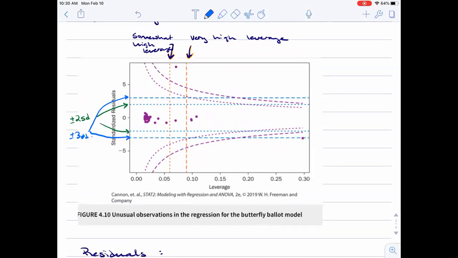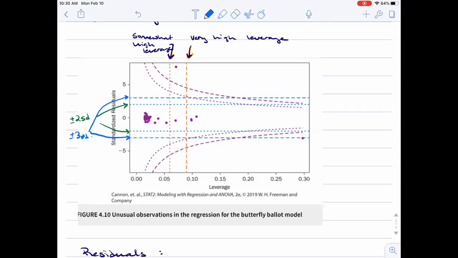I'm going to check out these points. It looks like there's more than one here. And I'm going to check out this point. And so that's how I say, okay, well, here are the outliers that I am going to have a look at. And then I'm going to fit my models, and I'm going to kind of alternate things back in, hold them out, see what happens. So we use this to identify potential outliers. Okay?